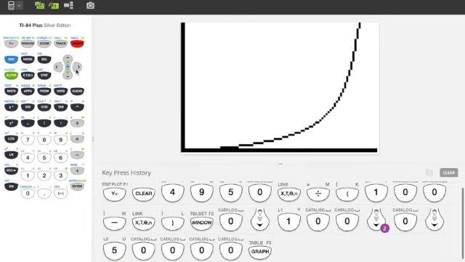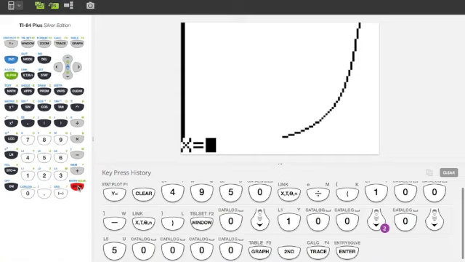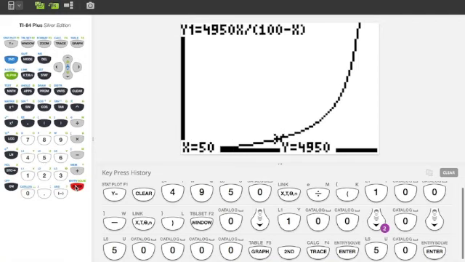Let's say we want to find a value for p equals. So do that as second calc, and we want to find the value when p equals. So we select enter, and let's have p equal 50 and remove 50% of the pollution. We'll find it's 4,950.